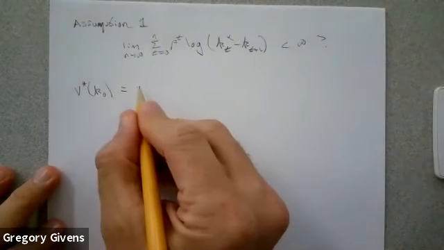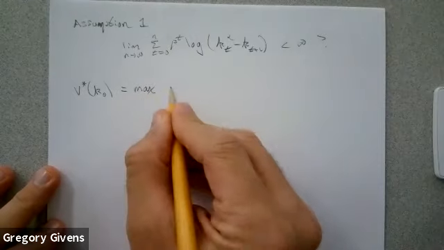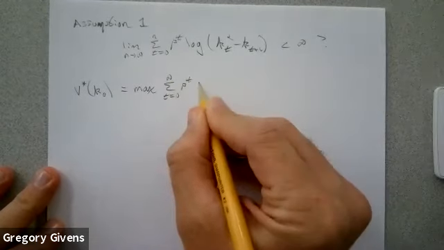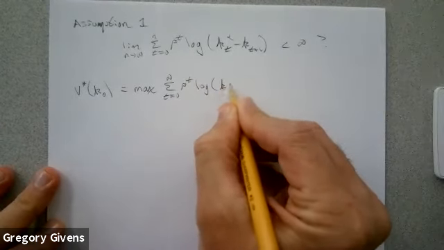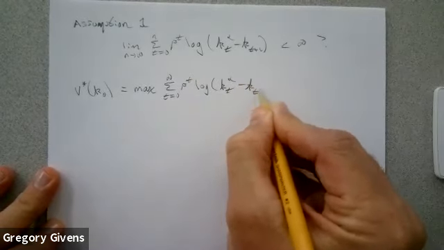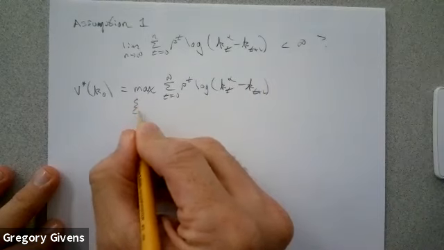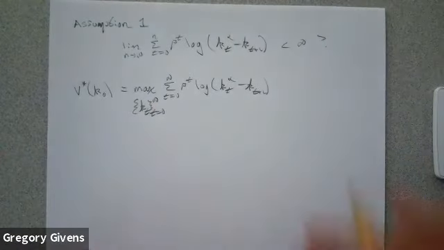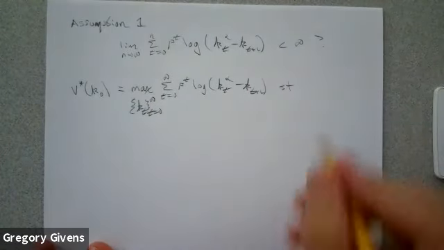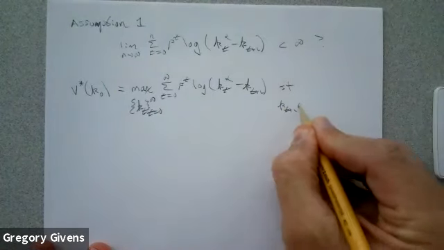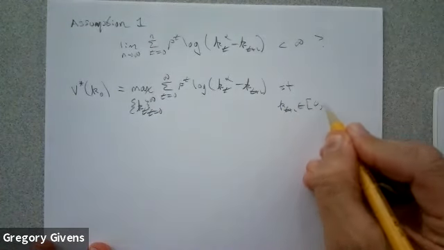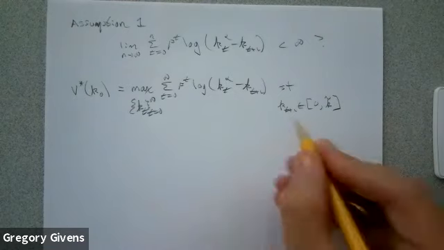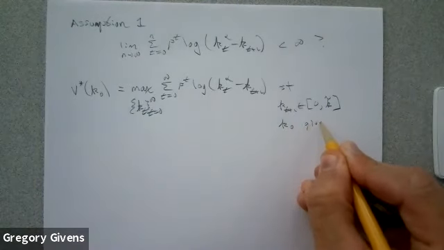That's going to be equal to the maximized value of lifetime utility, where the maximization occurs over this sequence of k's, subject to kt plus 1 living on this closed and bounded interval 0 to k tilde that I defined on the last page, with initial capital given.